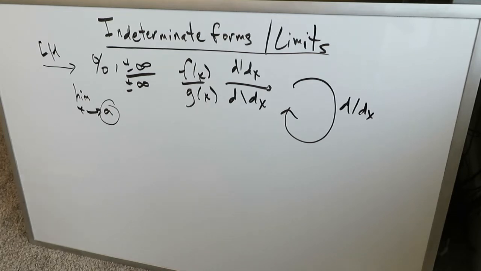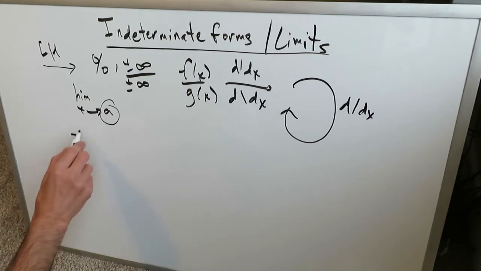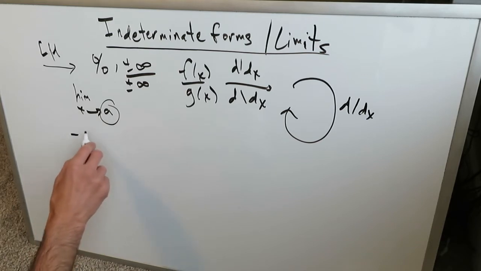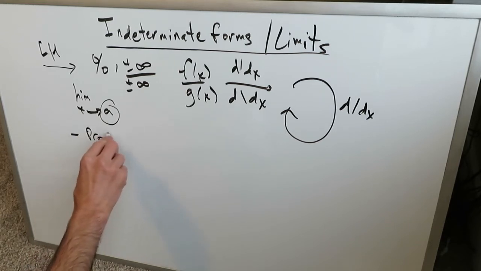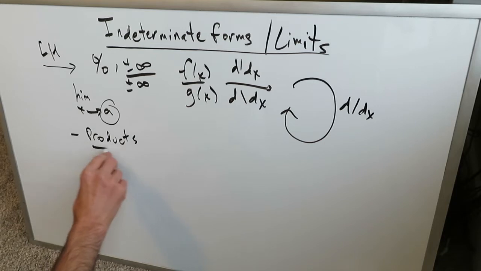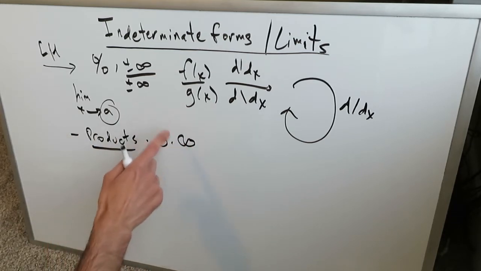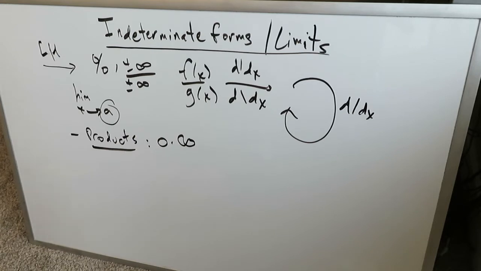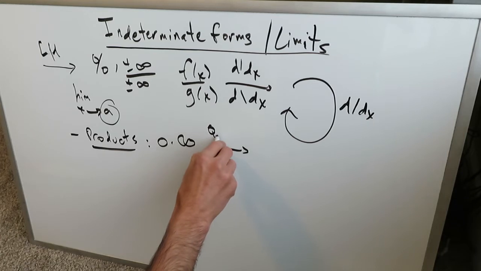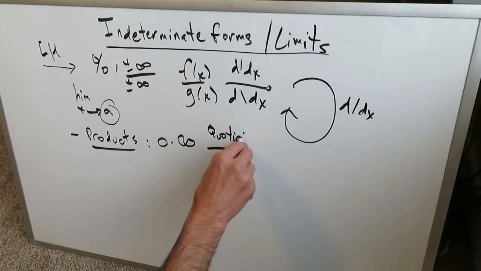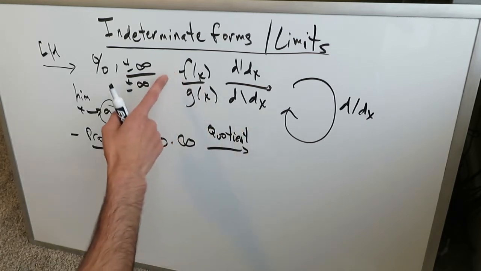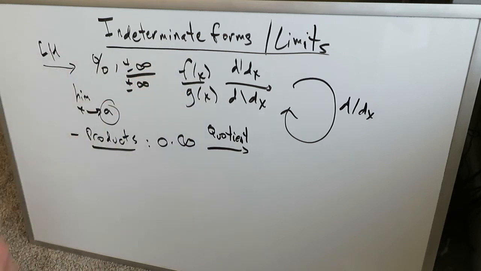We also saw other forms of indeterminates. The other most commonly seen were the indeterminate products, which had this appearance: 0 multiplied by infinity. It could be positive or negative infinity. The procedure here was to convert the product into a quotient, a rational function, an upper function divided by a lower function.